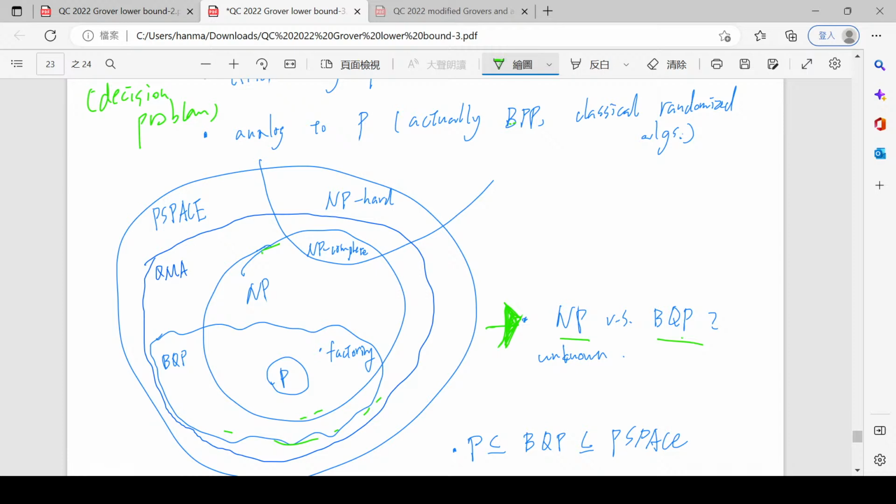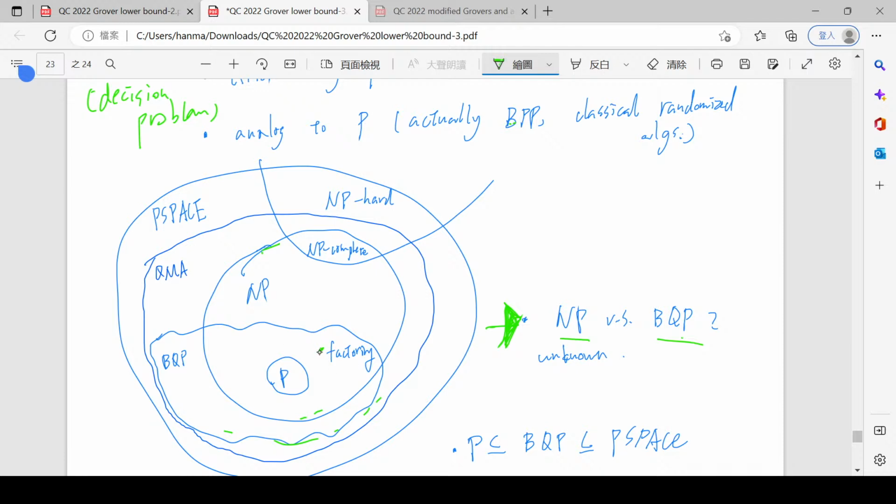Well, what do we know, or what do we feel? We think BQP and NP are kind of incomparable. There is some instance that makes you think NP might be inside BQP, that is this factoring problem that we spent quite a bit of time talking about. We know Shor's algorithm can solve factoring very efficiently.